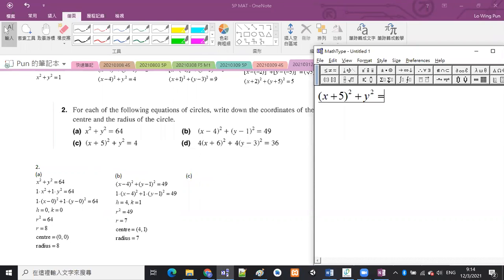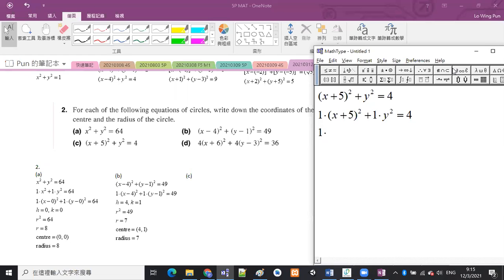Part C. So check whether it is 1 times first. If there is no number multiplying to the square, then it is already 1 times. x plus 5 square plus 1 times y squared is equal to 4. And then after checking the 1 times, we need to check whether it is x minus number and y minus number.